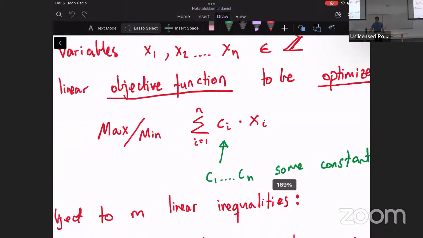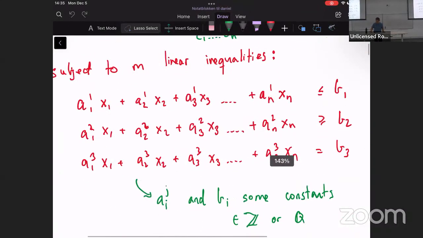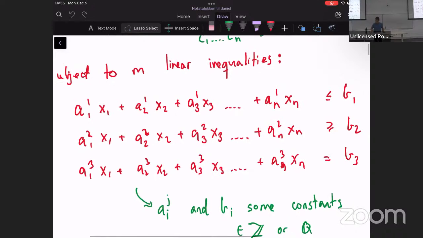So there is something that constrains how you are allowed to set your xi's, namely, you are required that your xi's satisfy a set of linear inequalities. These are called linear constraints.